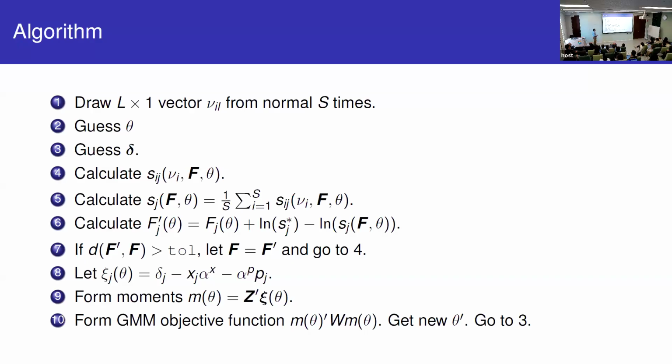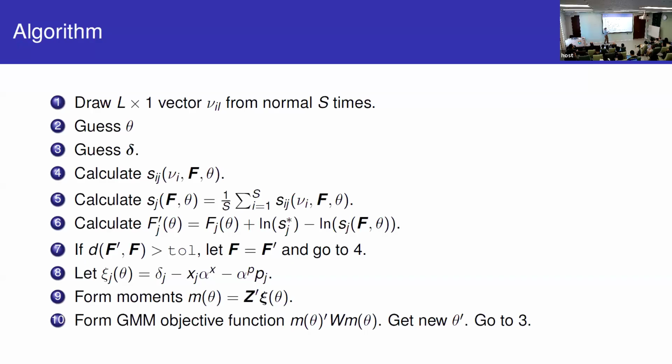Okay, and now I can calculate this s_ij, the market share that each consumer type nu i assigns to each product. That's that logit form that I did not repeat here. And now I'm going to use my numerical integration by taking the average over all the draws that I've done. So I've calculated this for each of the draws nu i, and then I'll just take the average to get my predicted market share for product J. Now I can plug into my fixed point equation and update my guess of F, my guess of the mean utilities.